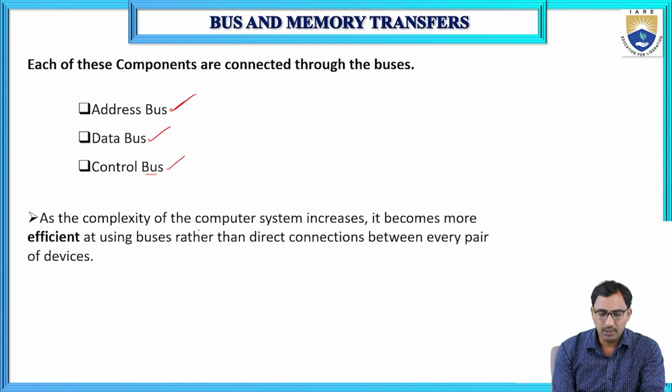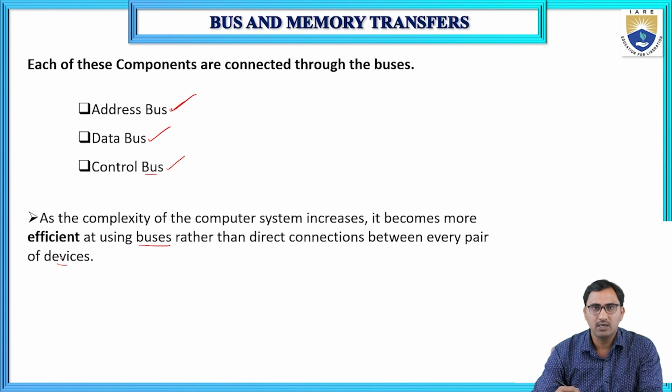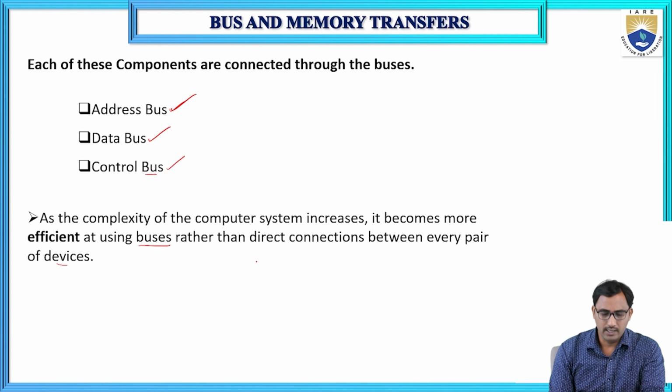As the complexity of the computer system increases, it becomes more efficient to use buses rather than direct connections between every pair of devices, because direct connections between the various modules require a lot of connecting wires, and the size and complexity of the system also increase.